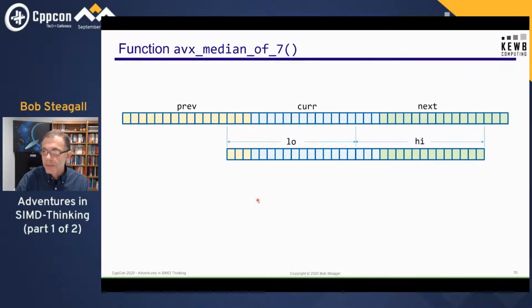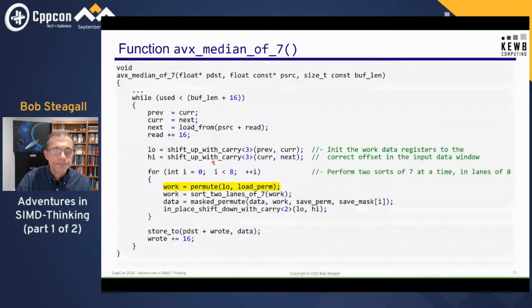That's because when I want to compute the median for this element, I need to be able to access these elements here. So, all right, now I've shifted, I'm ready to do some work. In my work register, I'm going to use my load permutation that I mentioned before, and I'm going to take the data in low, permute it, and put that in work.